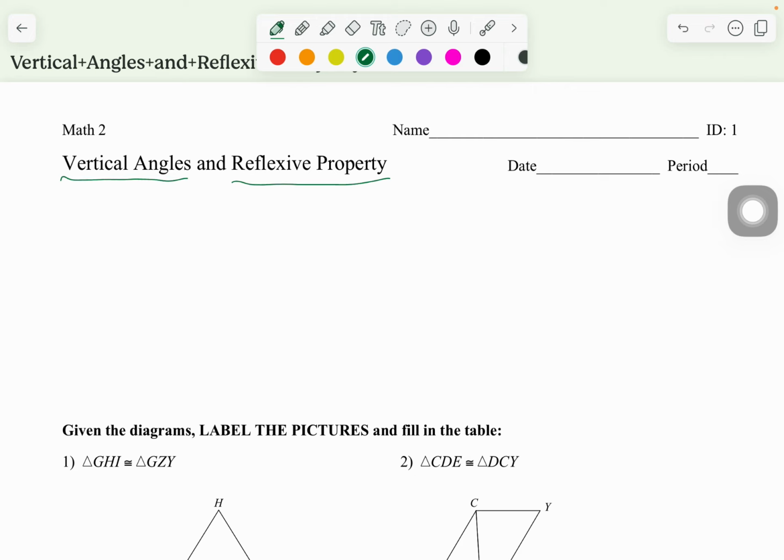So, vertical angles, we know, are angles that share a vertex. So, I'm going to write that down. Vertical angles that share a vertex are congruent.